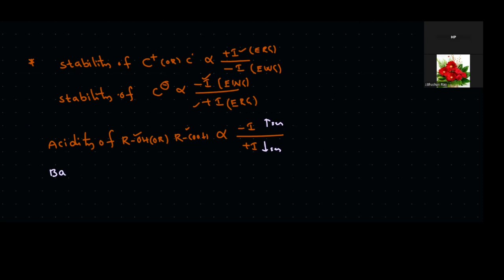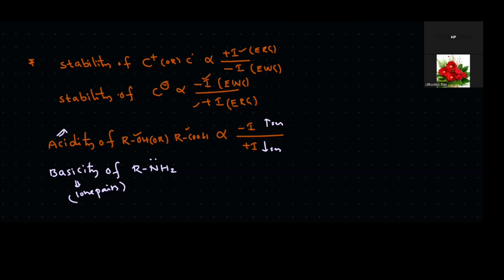Next, another formula: the basicity of amines, RNH2. Basicity always depends on the lone pair of electrons. Acidity indicates release of H plus ions.